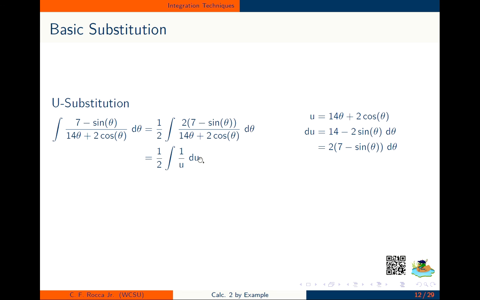Okay. Now I have an integrand that I could actually find the indefinite integral of. The antiderivative, or indefinite integral rather, of 1 over u is the natural log of the absolute value of u. And then I have a plus c because this is an indefinite integral, and that represents all the possible antiderivatives.